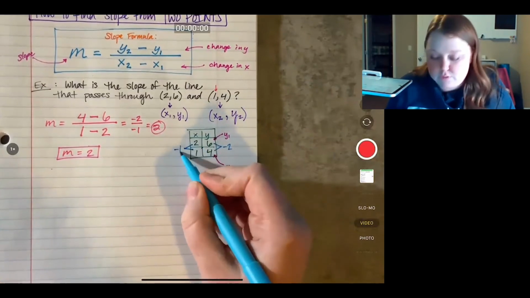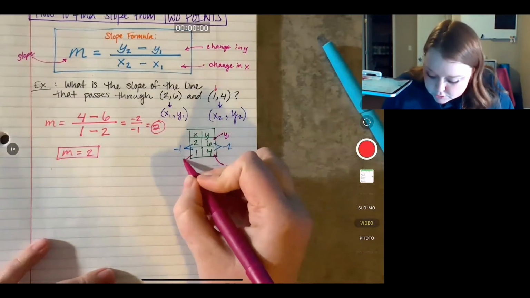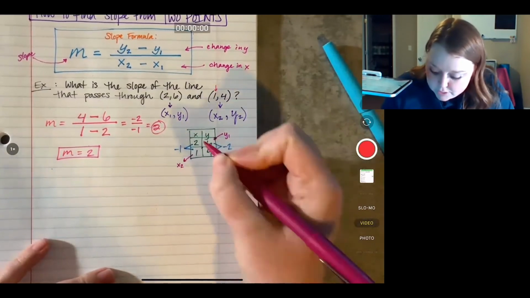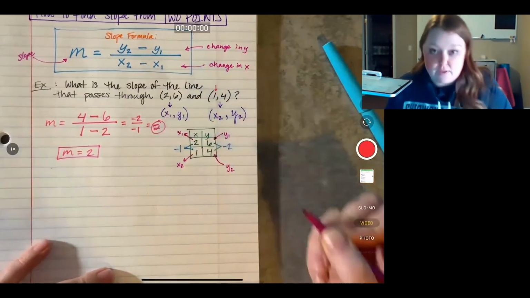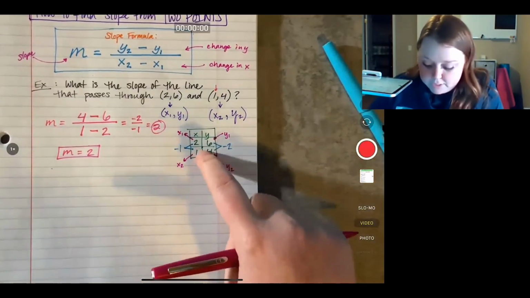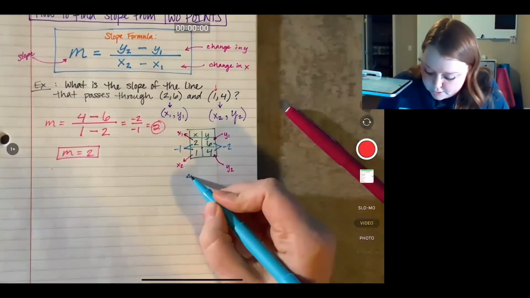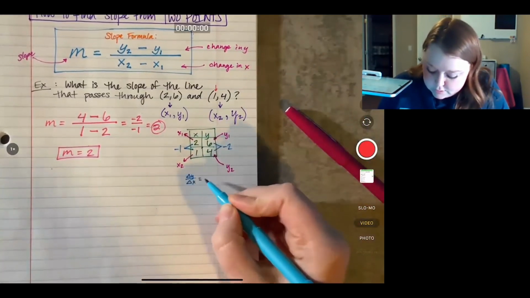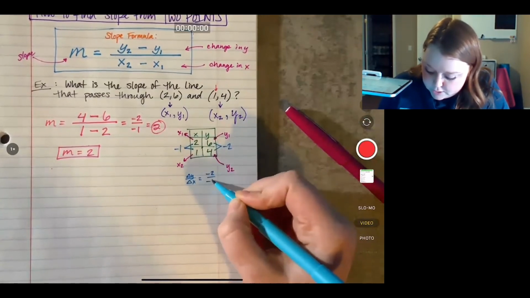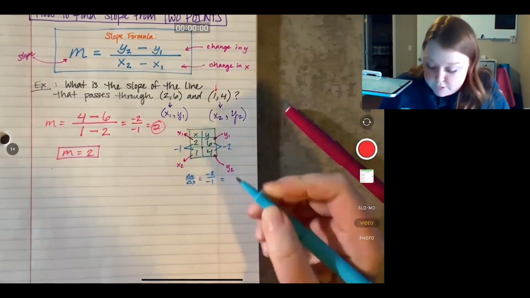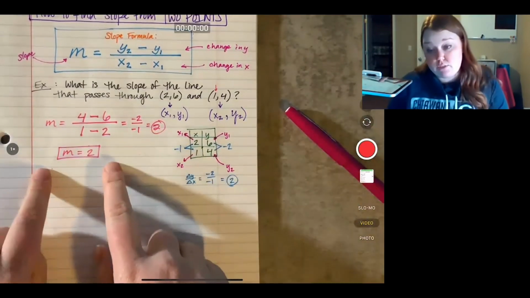Well, it just decreases by 1, right? But you could have also taken your second x value and subtracted your first x value. 1 minus 2, negative 1. So your change in y over change in x would get negative 2 over negative 1. And negative 2 divided by negative 1 is positive 2. Either way, you still got 2.